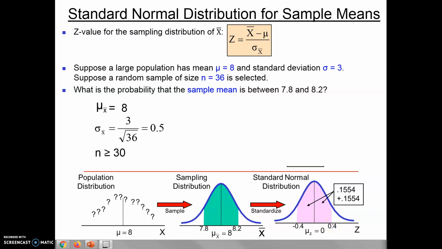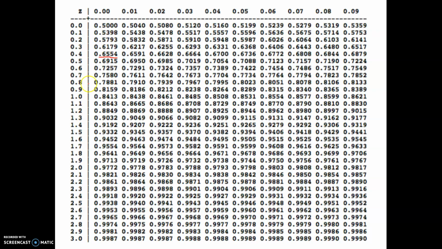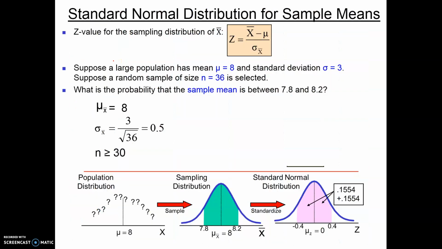Now let's go to our z-table and actually find the probabilities. What we're looking for is underlined here. It's actually 0.4. So 0.40 if we go to hundreds, and that's 0.6554. Well, recall that when we have a positive z-score, the probability tables tell us the probability of a z-score up to that point, from the left tail all the way up to that point occurring, which means that's capturing this entire area here.